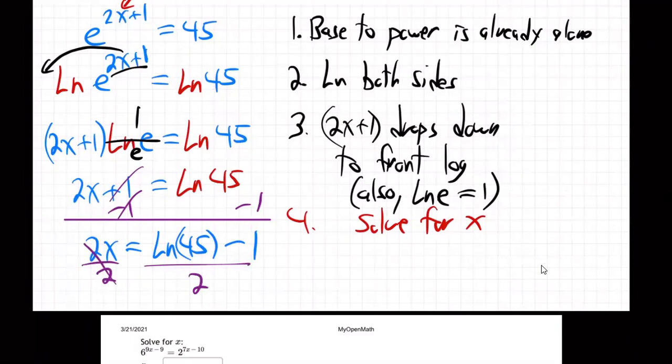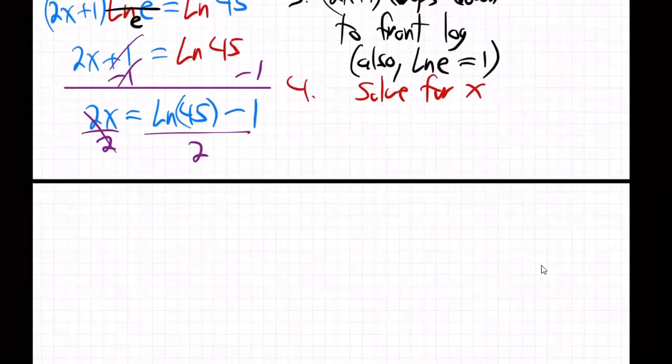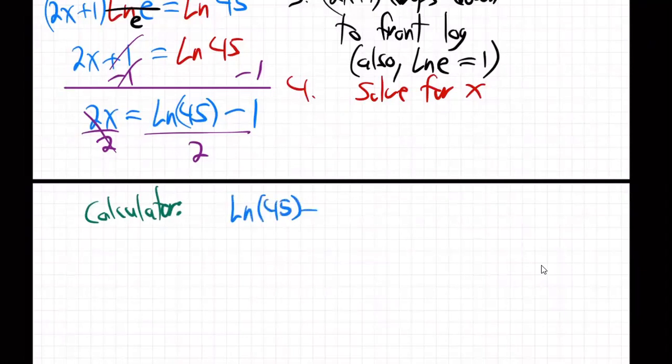Let me help on the calculator here, because it's easy to mess up on the calculator. Remember, whenever you have more than one item in the numerator, let me write it out: ln 45 minus 1, we're going to go divided by 2. But you have to put parentheses around that.